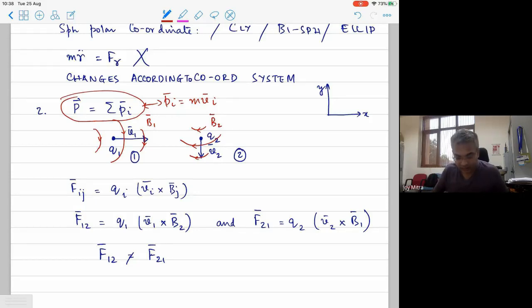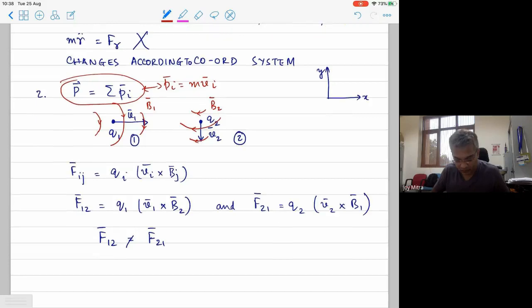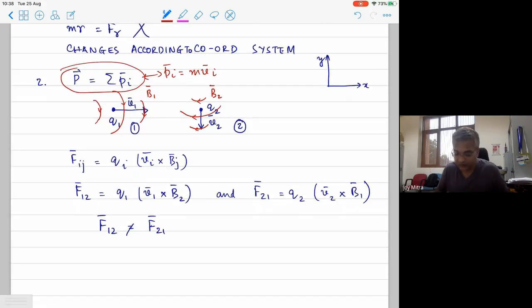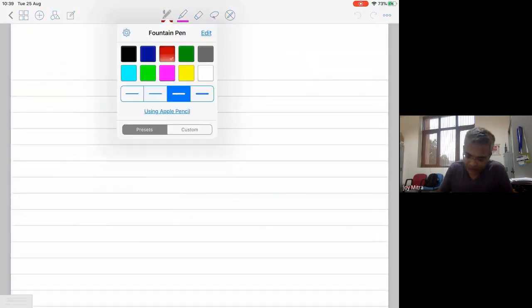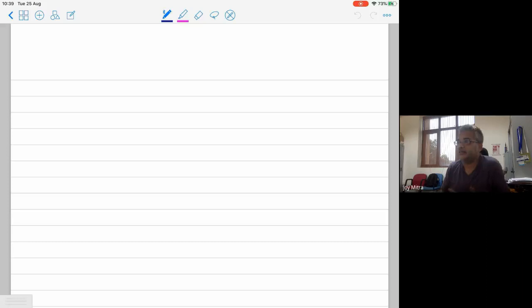Let's take a more critical look at how this is going to affect us. And you can say, so what goes wrong? You will see what goes wrong. So what I'll do is, I'll again begin with a very simple definition. So you see what I wrote in the previous page. I started off saying that P is the total momentum of the system of particles. And this total momentum of the system of particles is obviously given by the sum of the individual momenta.